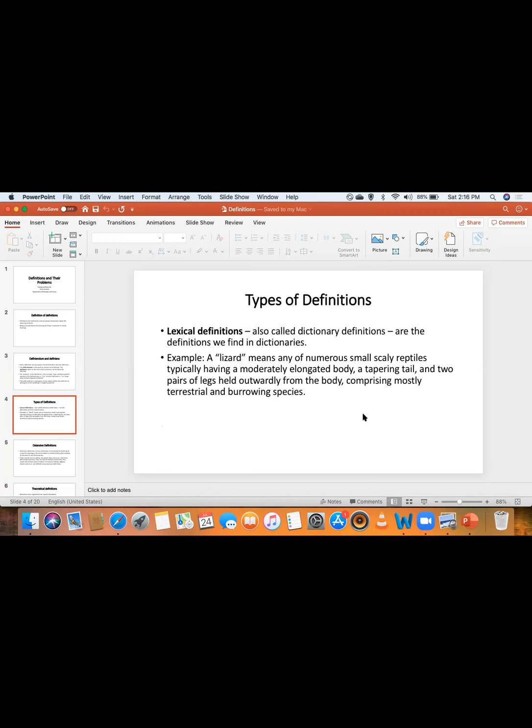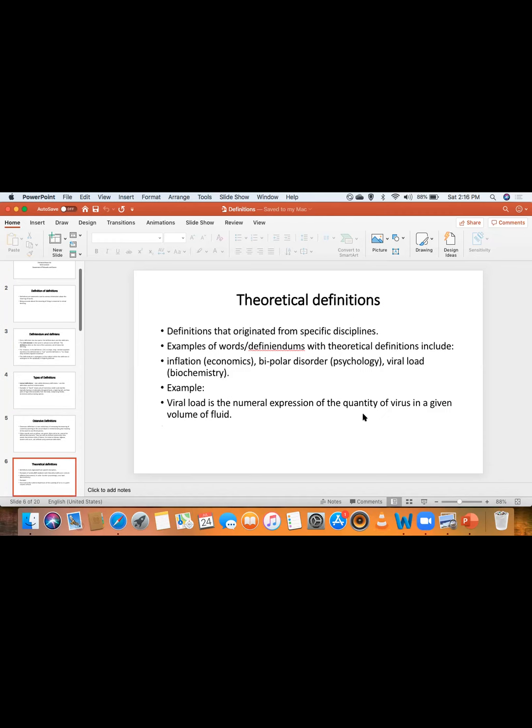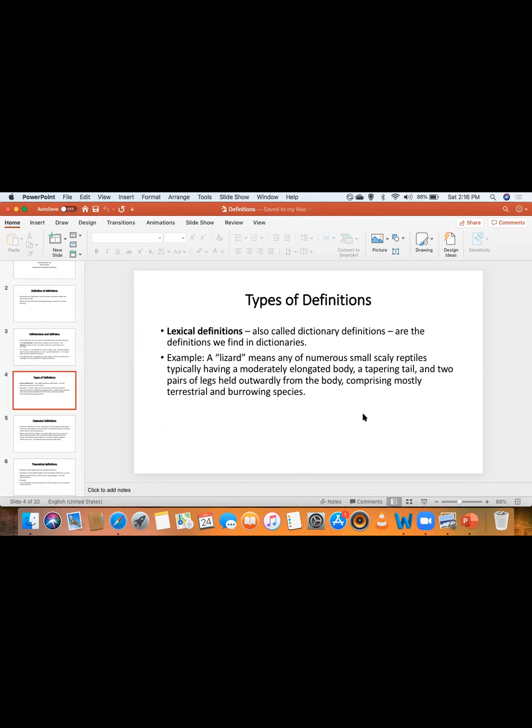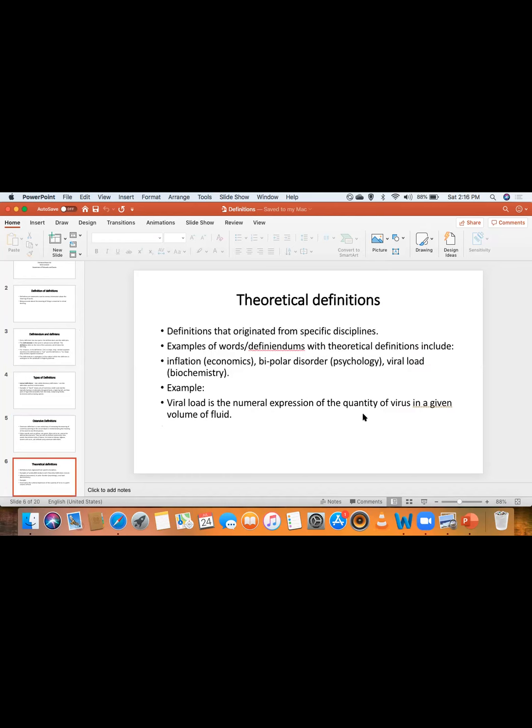Then from there, we saw types of definitions. We saw lexical definitions, ostensive definitions, and theoretical definitions. The lexical definitions are the dictionary ones. Ostensive definitions are definitions you can't put in words, definitions that you can only show by physical demonstration.